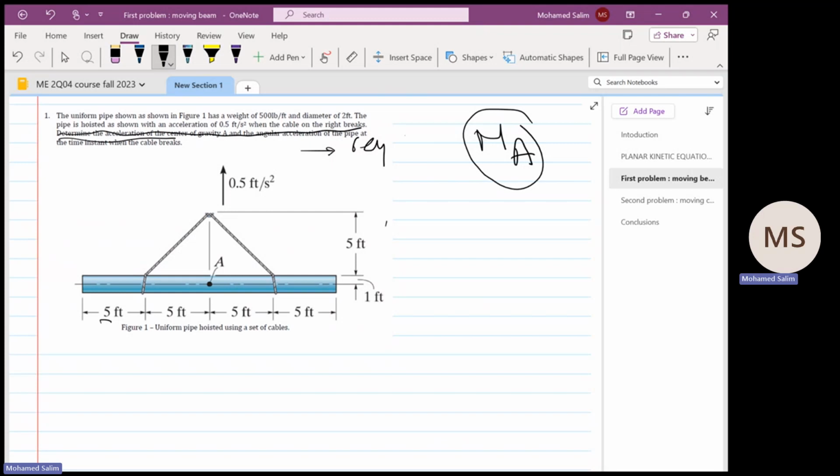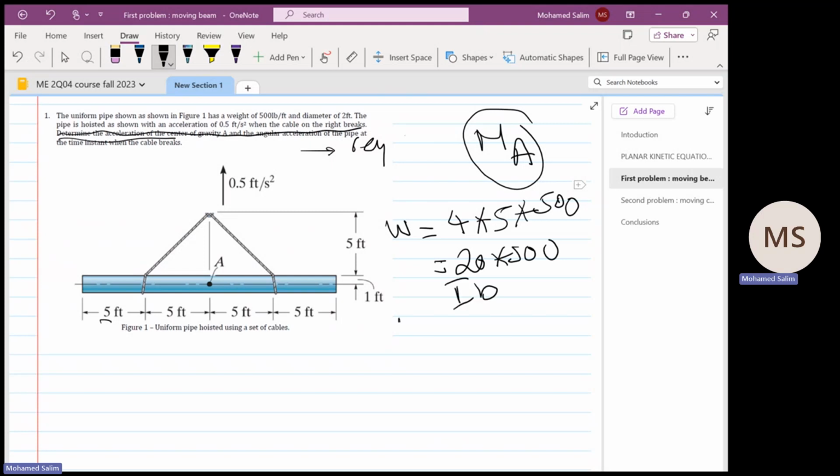So the weight will be the total length, 20, times the weight rate, 500 pounds per feet. It will be 20 times 500.